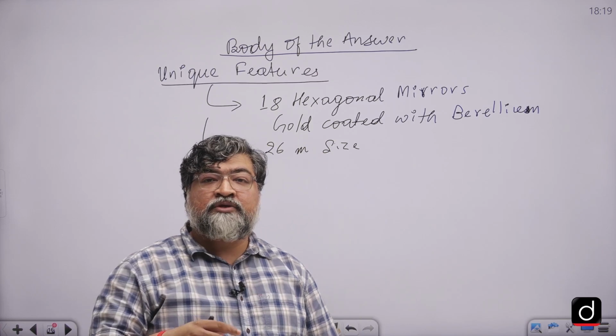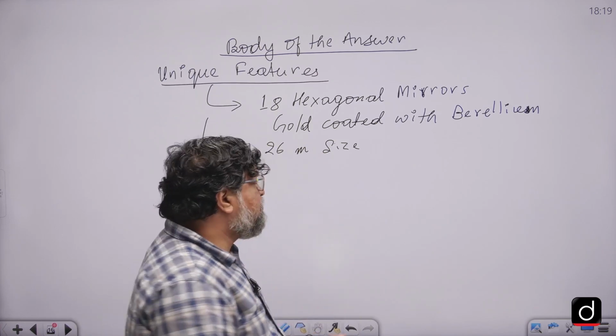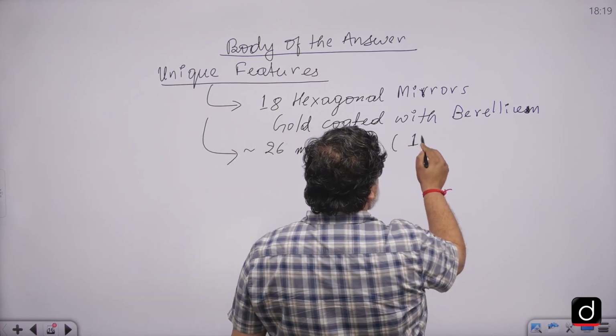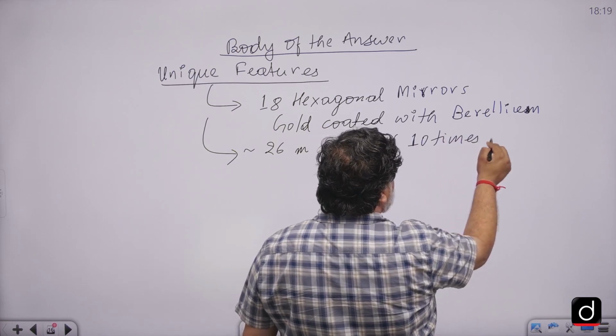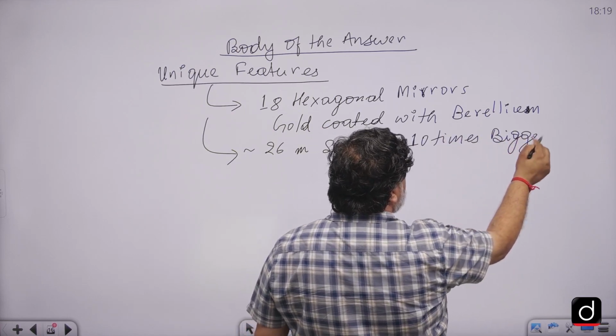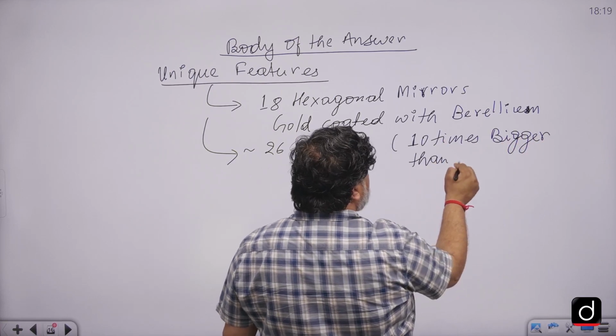So it is almost 10 times bigger. You can say the mirror is 10 times bigger than Hubble's mirror.